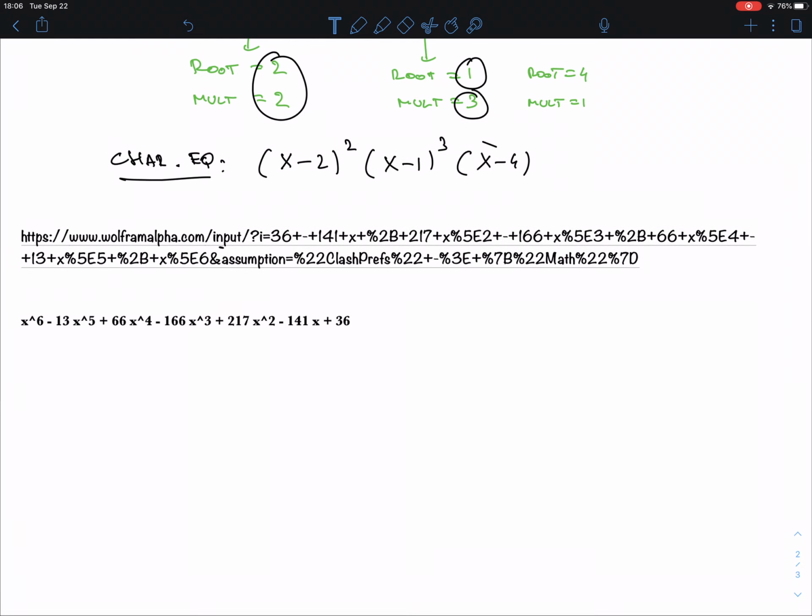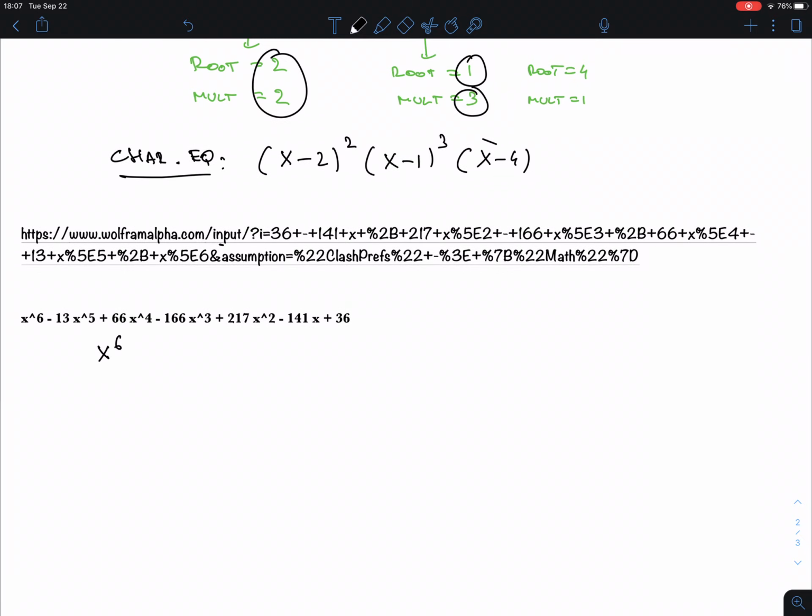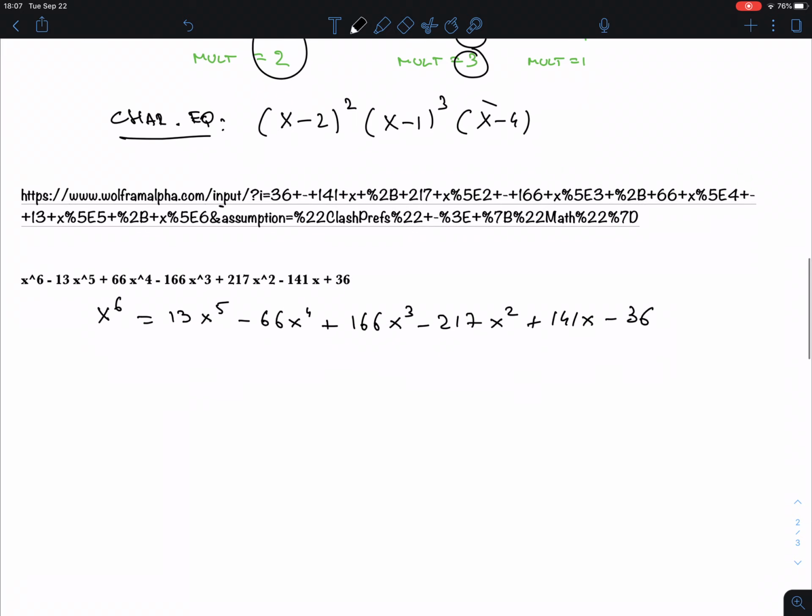So what we do then with that, remember, this is a characteristic equation. We have to single out the highest degree and put everything else on the other side: x to the 5th minus 66x to the 4th plus 166x cubed minus 217x squared plus 141x minus 36. I hope I didn't make any copy errors. And then the only thing we need to do is replace this by a recurrence relation, right?